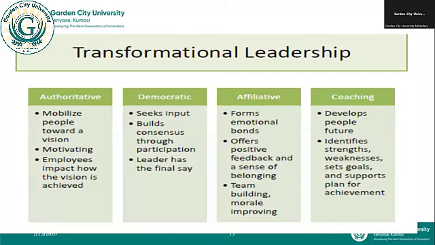So transformational leadership also has its four constructs. And the four constructs are authoritativeness, democracy, affiliativeness, and then what? Coaching abilities. So the first construct we talk about, authoritativeness, talks about the ability of the transformational leader to mobilize people towards a vision. He has the strength to put together a team that will work towards a vision.